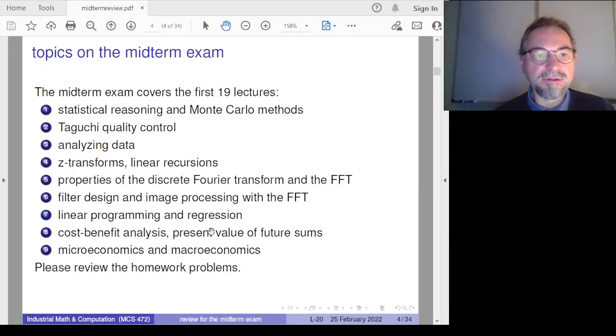Okay, so here is the list of topics. It covers what we have covered until the first 19 lectures, so minus the week on project presentations. I do not have any specific questions prepared on Z transforms and on Fourier transforms. So note that there might be some problems there.